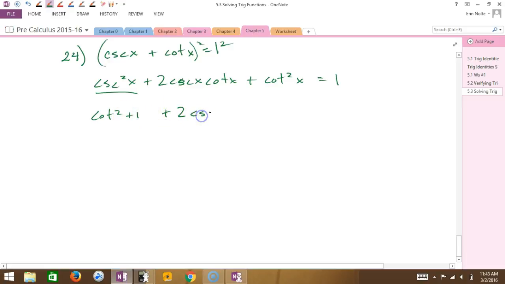Ooh, interesting. I see it now. I'm going to set this equal to 0, so I'm going to subtract the 1 over. So now I have 2 cotangents squared, I have 2 cosecant cotangents, and the 1's cancel out.